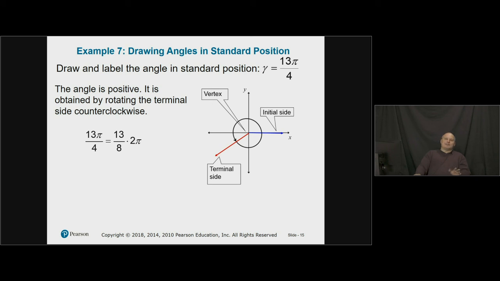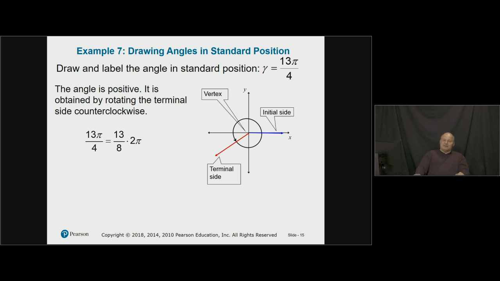Now, what's that same angle in radians, though? Well, what's 1 revolution in radians? Oh, it's 2 pi. Then what's another revolution? That's 4 pi. Then another revolution? That's 6 pi. So 3 revolutions in radians is 6 pi, whereas 3 revolutions in degrees is 1,080 degrees.